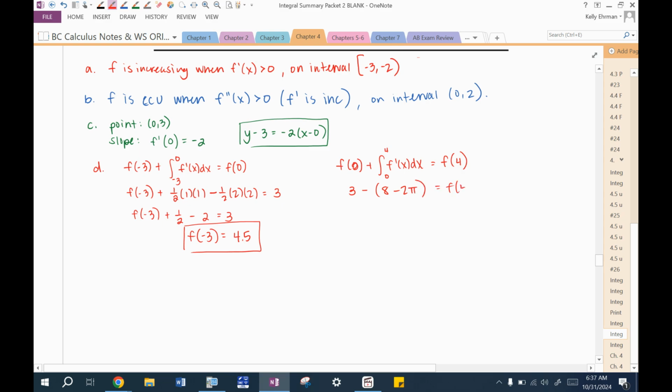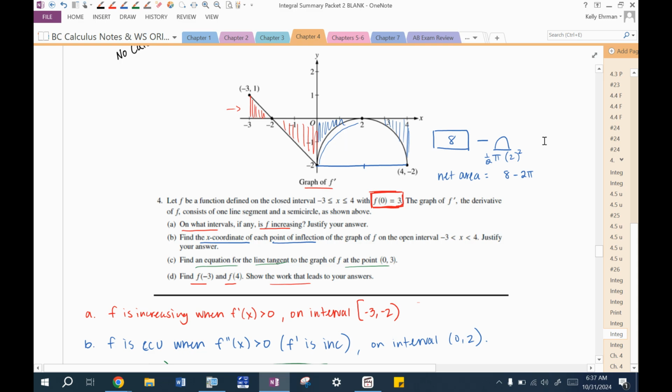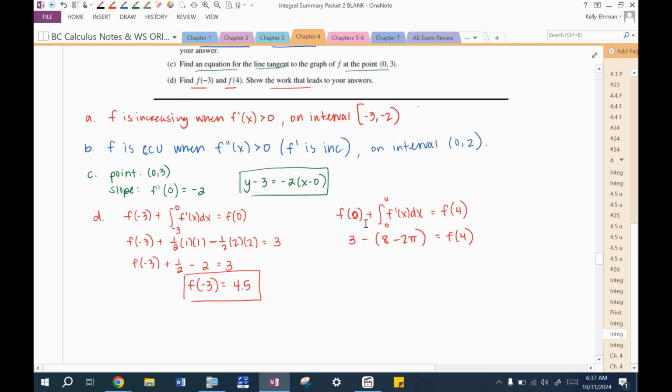If that's kind of confusing, I think it is a little confusing with the subtraction there. Just think, if this net area was 10, then you would say, okay, but it's below the x-axis, so minus 10. So I'm doing the same thing, minus the net area I just got. And I can clean this up a little bit. 3 minus 8 is negative 5. This becomes plus 2 pi, or you could say 2 pi minus 5 is f of 4. That's that. All right, that finishes this page.